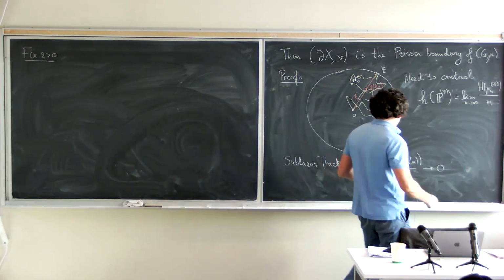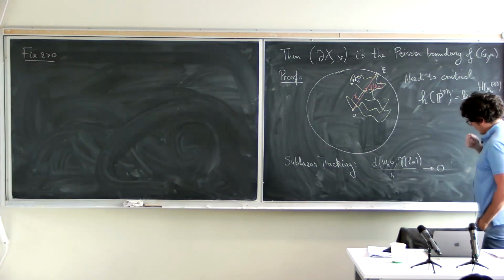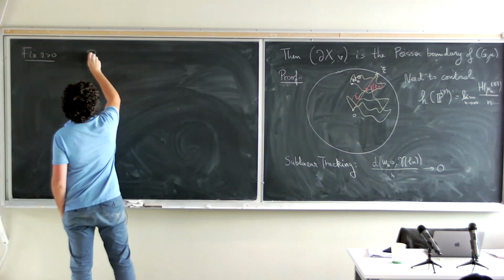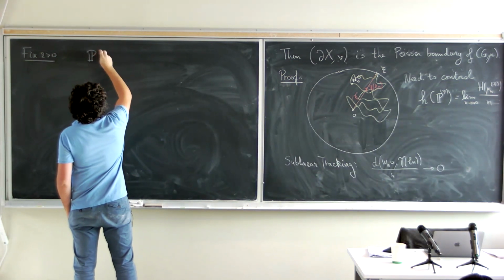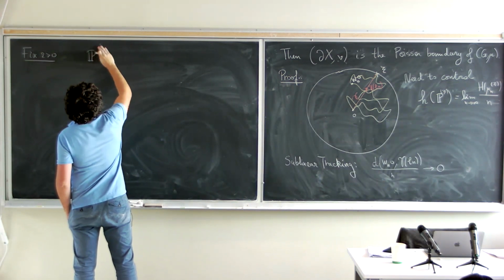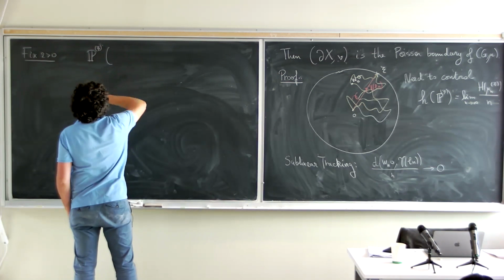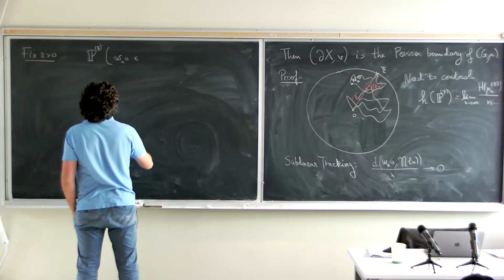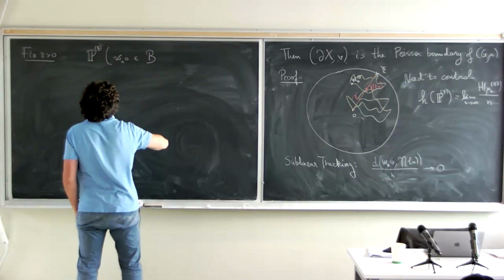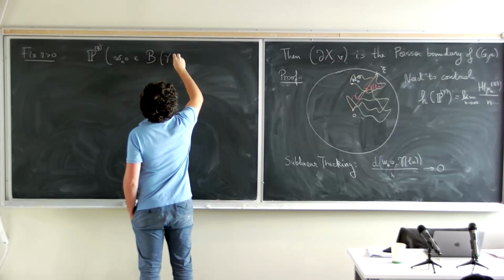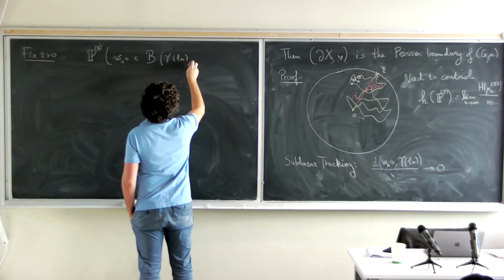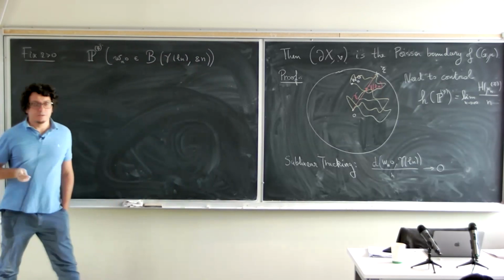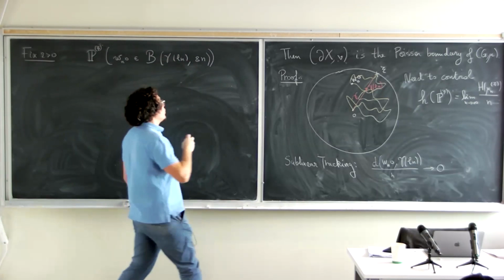We have that the probability under psi that Wn o belongs to the ball around gamma Ln of radius epsilon n is going to 1.